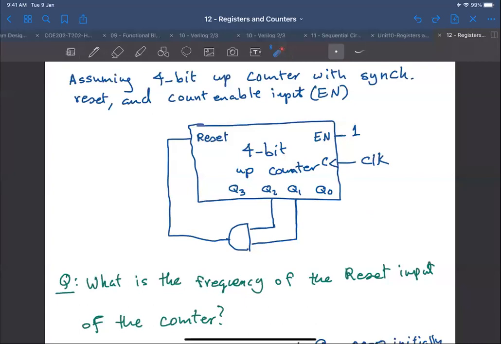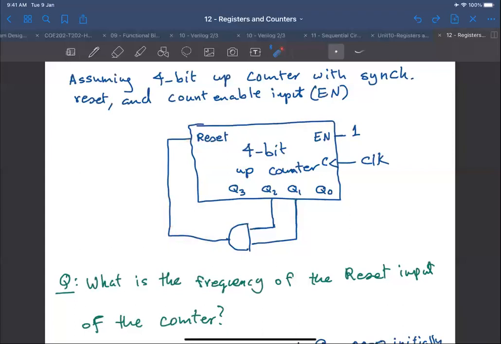So let us assume, for the sake of illustration, that we are ANDing Q1 with Q2 and then putting the result back in reset. This is my reset signal, a synchronous reset signal that is fed back to the reset. Now my question to you: what is the period of this reset signal?